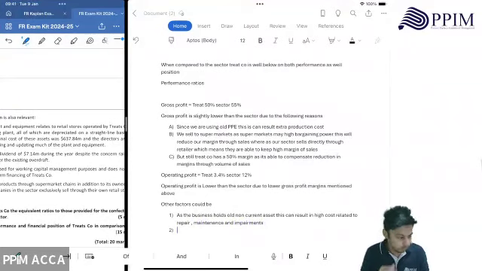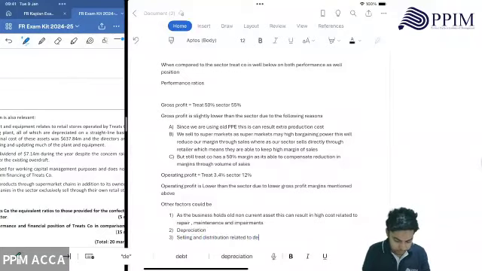Also, guys, we can tell depreciation. And then we can also tell selling and distribution cost related to delivery of products through the supermarkets.